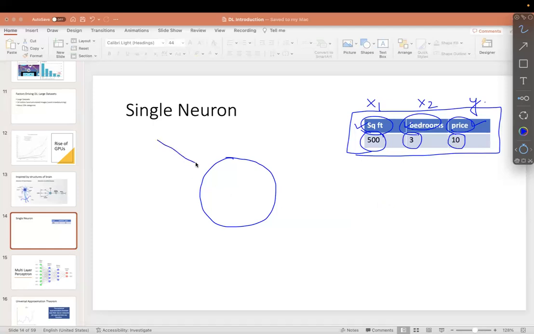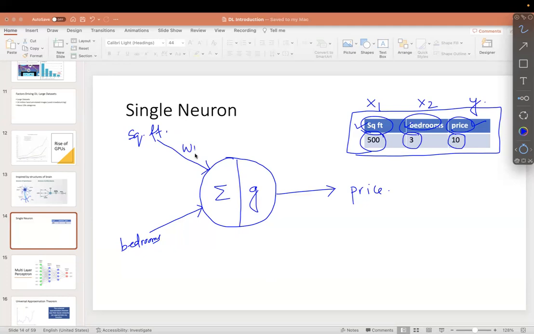So what you can do is get these two signals here. One is your square feet, and then the number of bedrooms. And then your output is nothing but your price. So here we'll have a summation function and a G function.